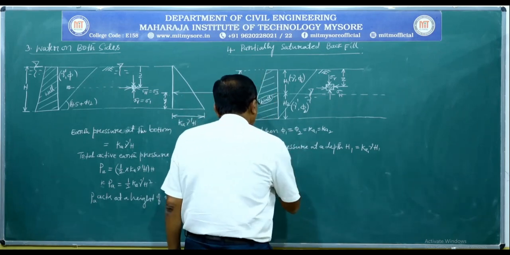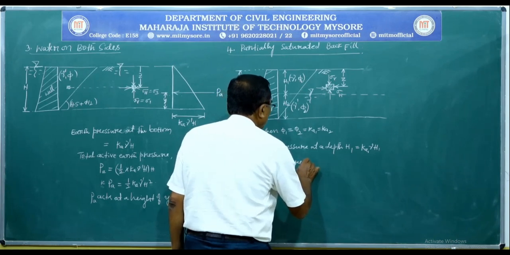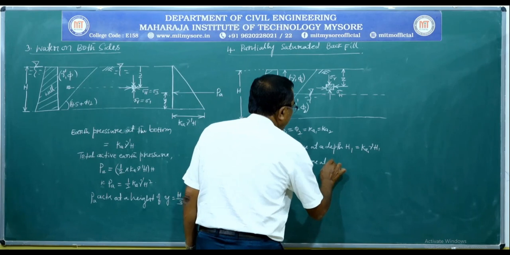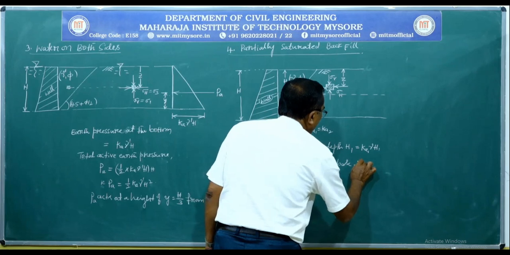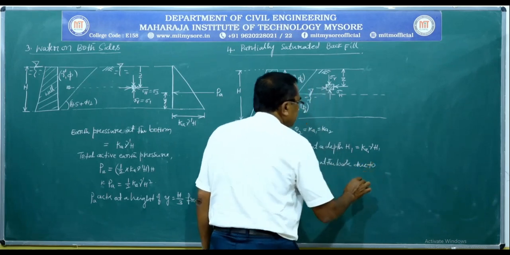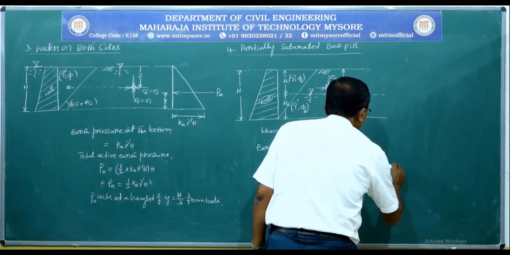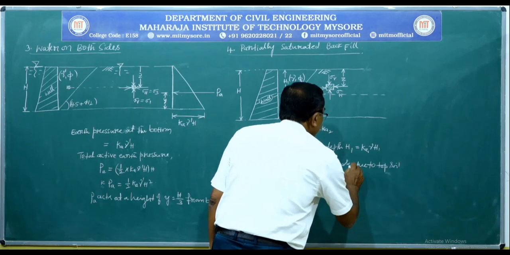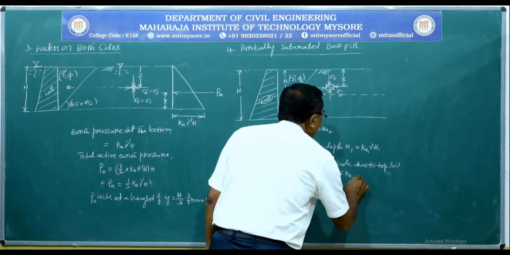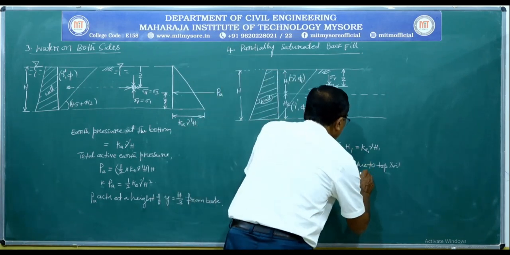Next, earth pressure at the base due to top soil is equal to Ka2 into gamma into H1.